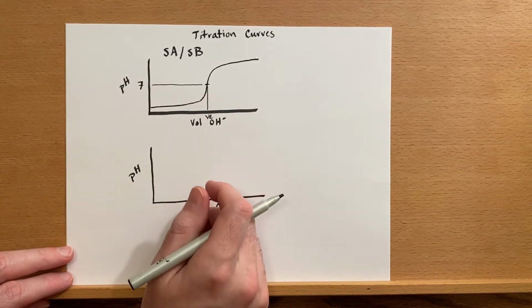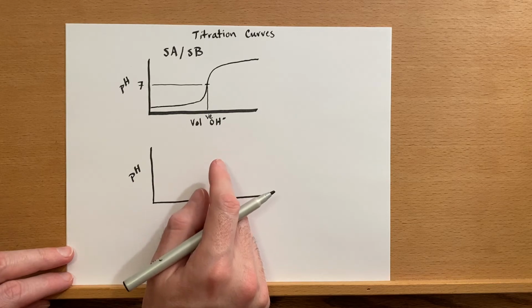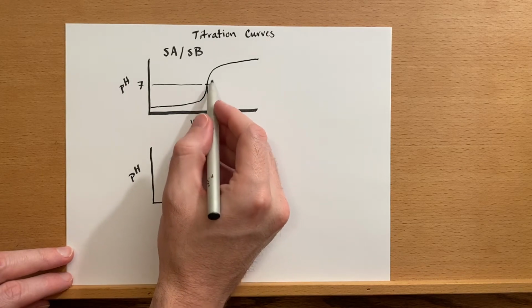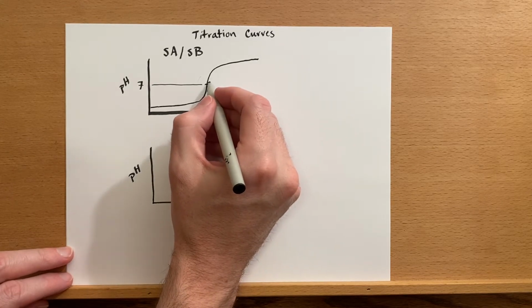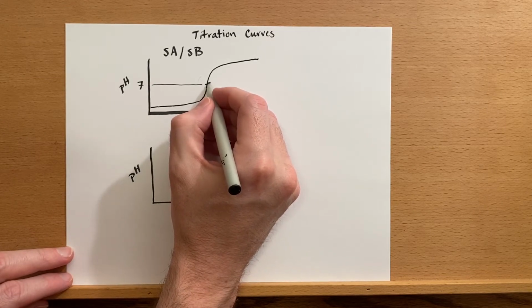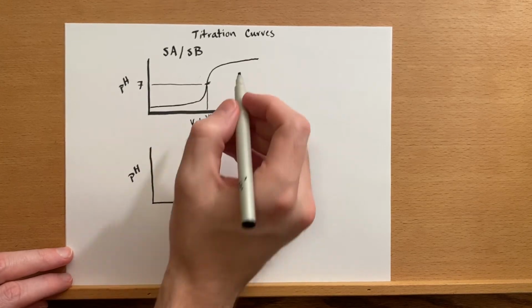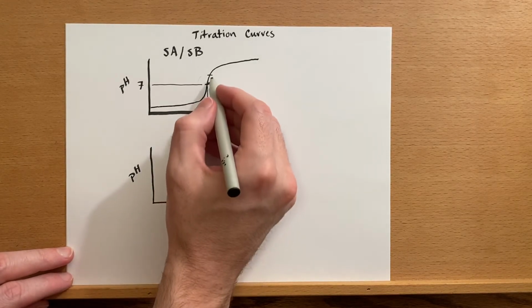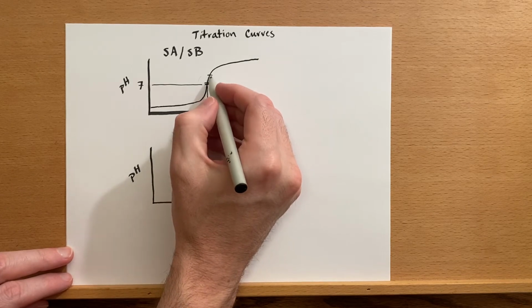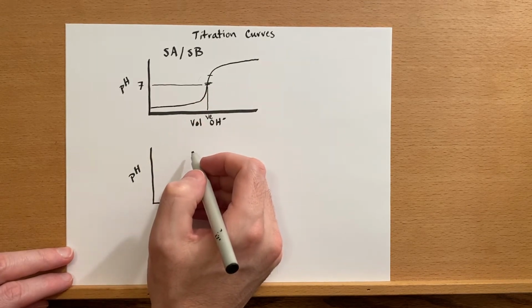That's important because we want to choose a pH indicator that will change somewhere in this region. And preferably, we want the pH indicator to start changing just barely after the equivalence point to maybe about up to there. Hopefully, it's completed its change in that range.